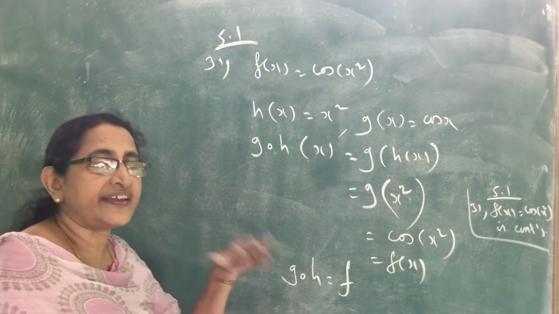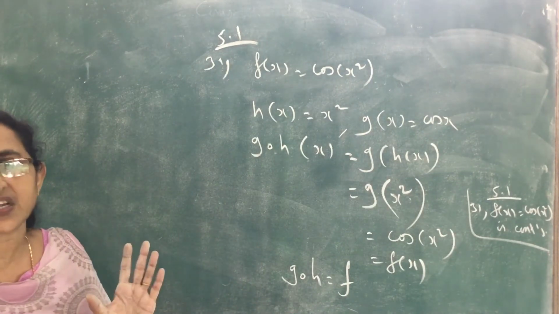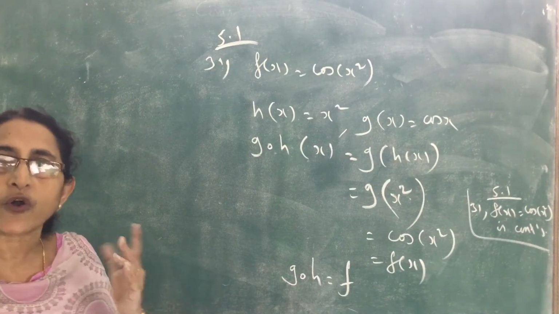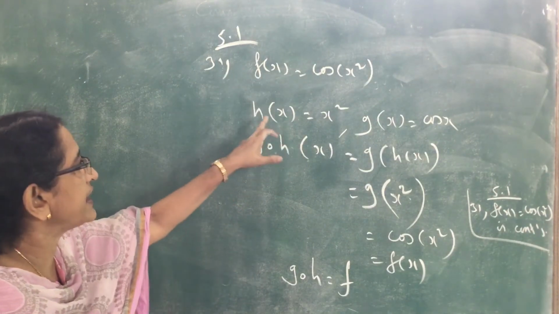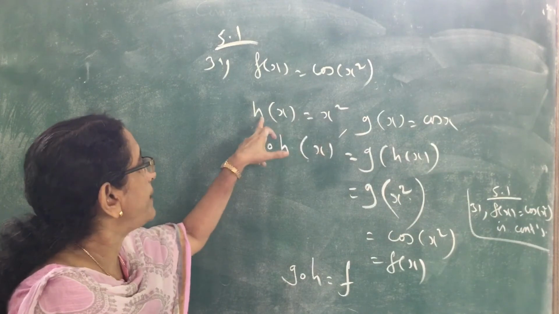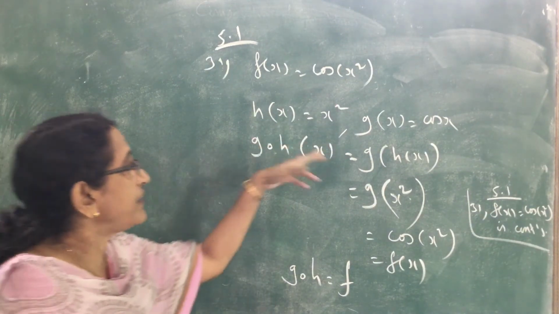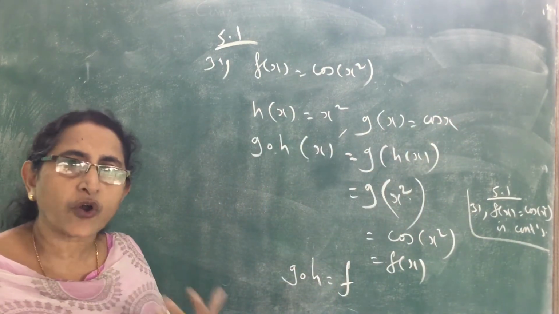And in theorem we have seen that if f and g are two continuous functions, their composition f composite g is also continuous. That is a theorem. So using that, here h of x is a polynomial function, which is continuous. And g of x is a trigonometric function cos x, which is also continuous.